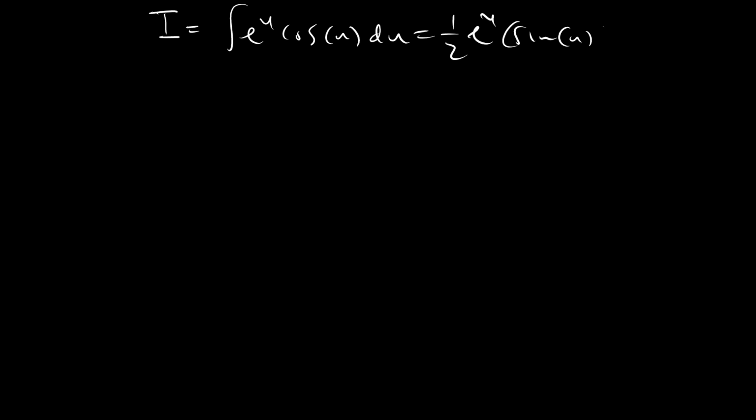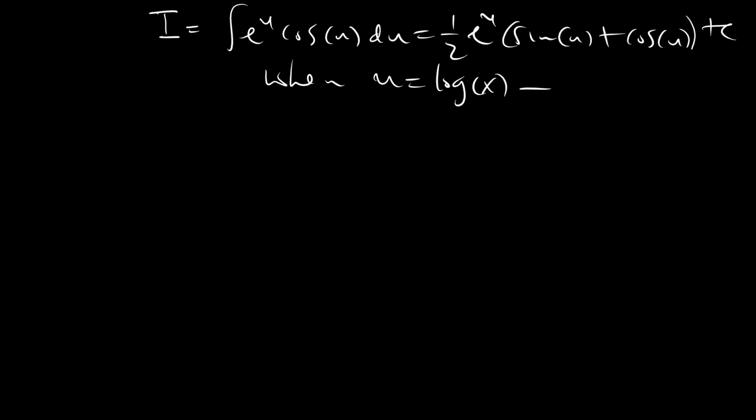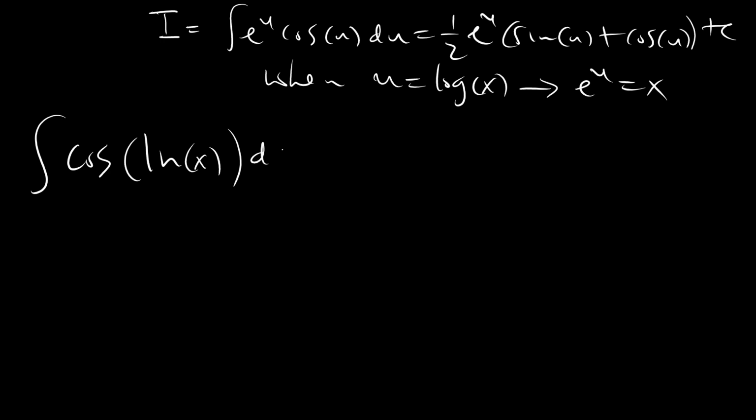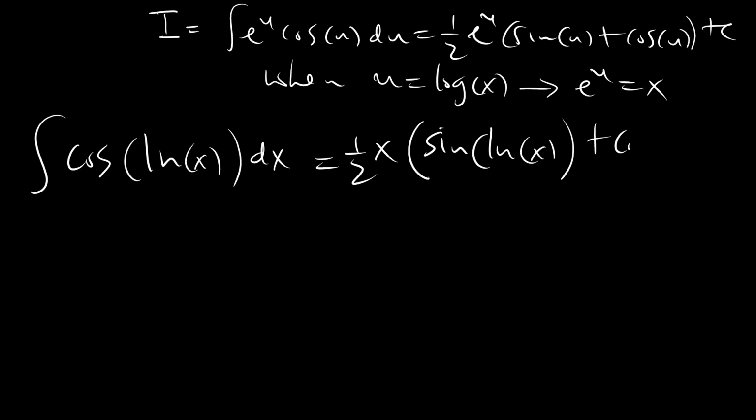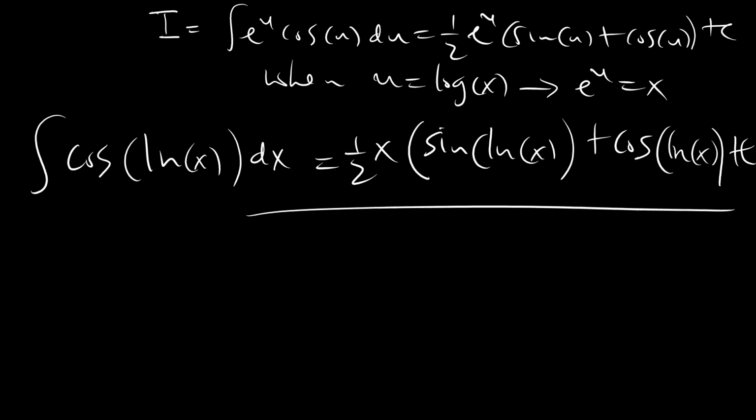So since we said I, which is equal to the integral of e^u cosine of u du, is equal to a half e^u times sine u plus cosine of u plus c, when u is equal to natural logarithm of x, also e^u is equal to x, then it means the integral of cosine of natural logarithm of x is equal to a half x times sine of natural logarithm of x plus cosine of natural logarithm of x plus the integration constant. And that is the answer expected.